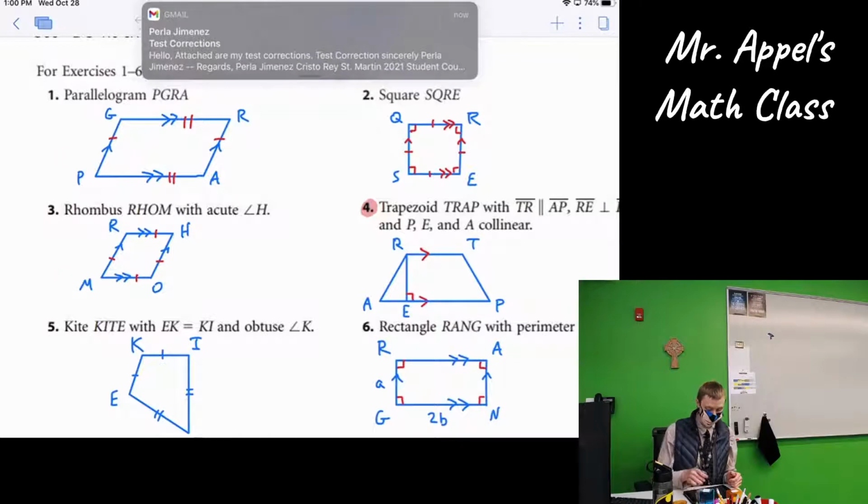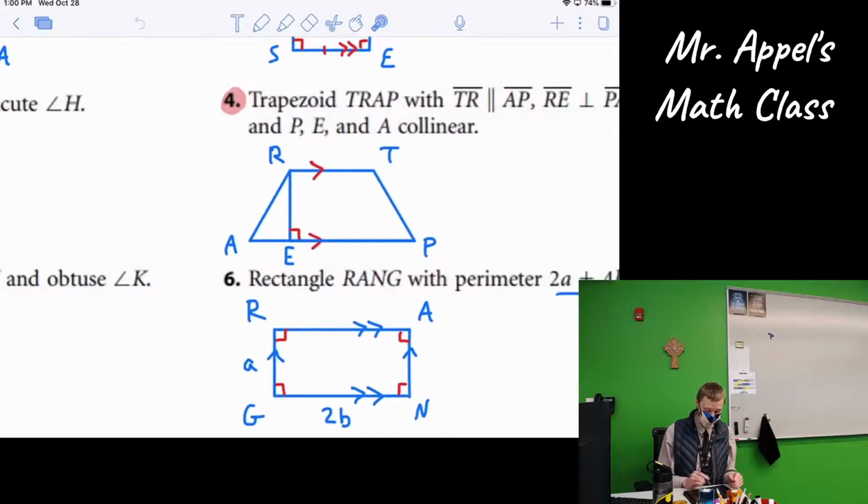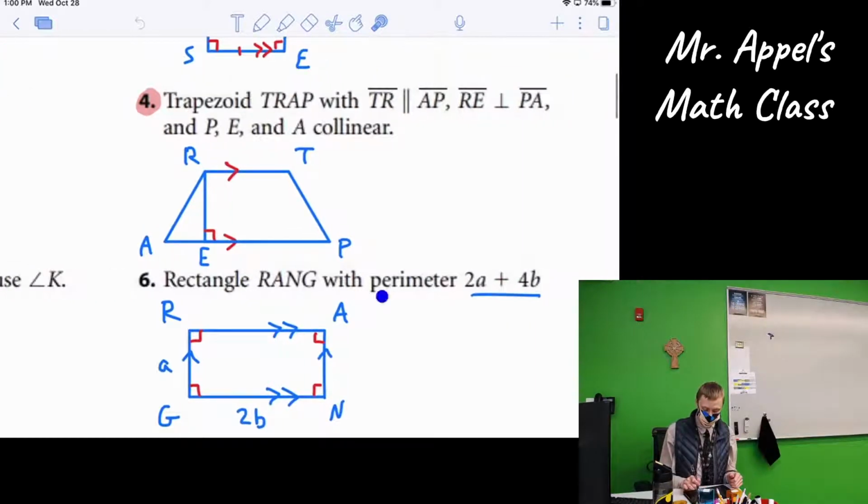So that one's actually pretty set. 6 had the extra stipulation with the perimeter, so you will need to label the length of these sides. You don't need to do all 4. We know the opposite sides are congruent. So if we need 2 A's, give us an A there. We need 4 B's, so one side has to give us 2 of them, and then you get the other side, add them all together, you would get that.